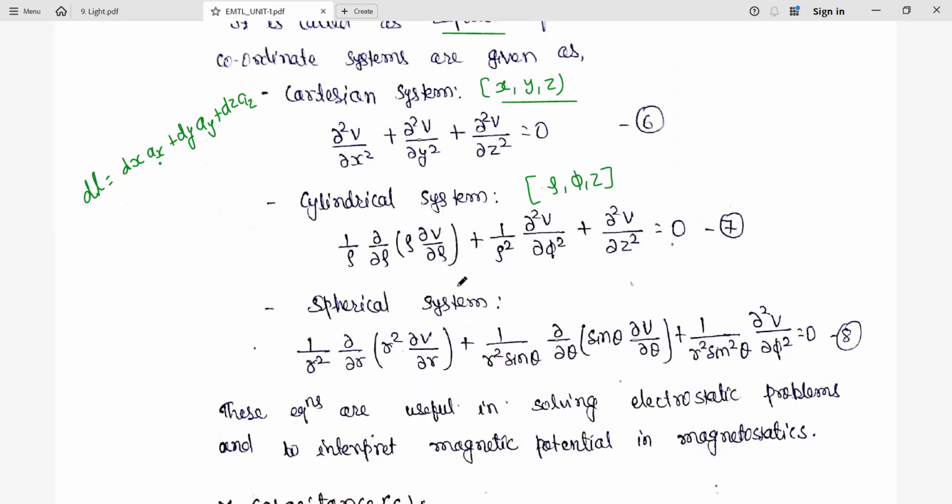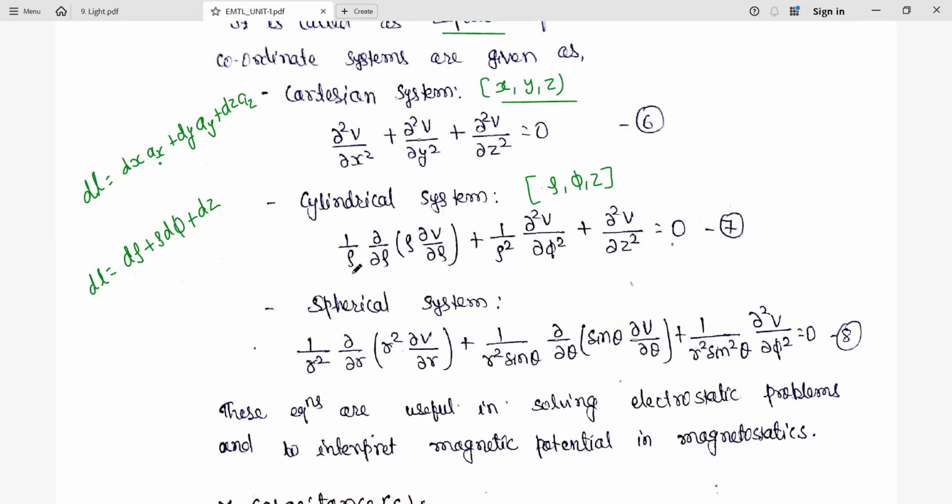Whereas in cylindrical coordinates, this becomes dρ a_ρ plus ρ dφ a_φ plus dz a_z. On the basis of that, this is written here.